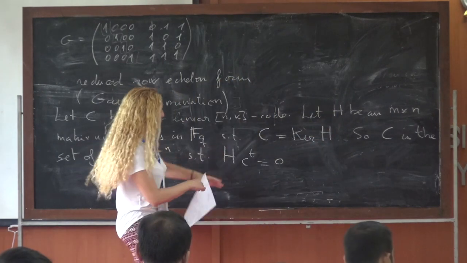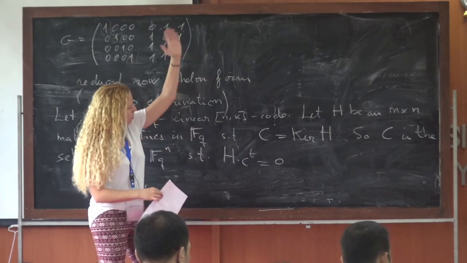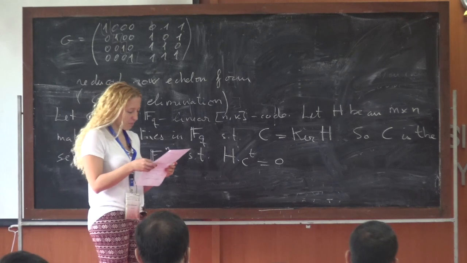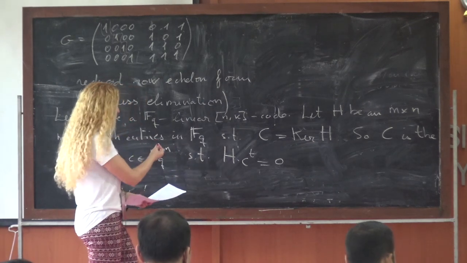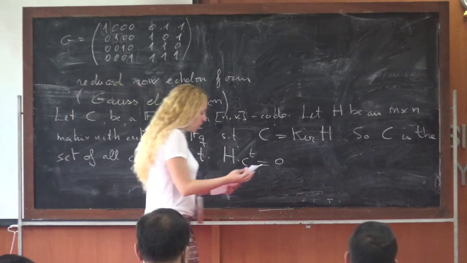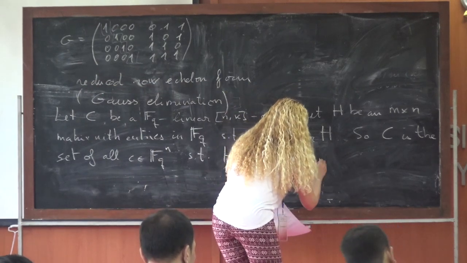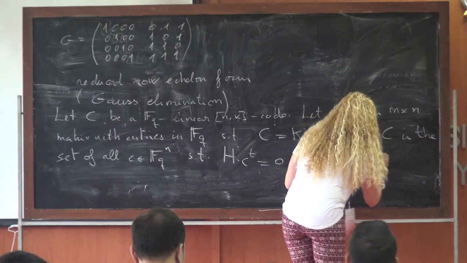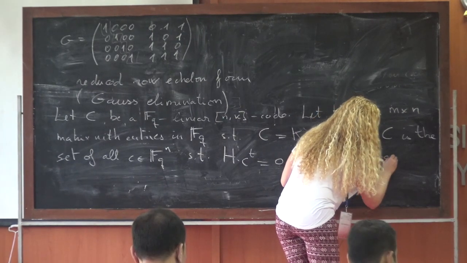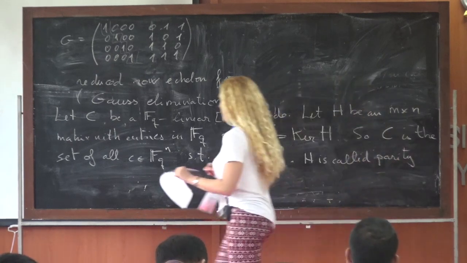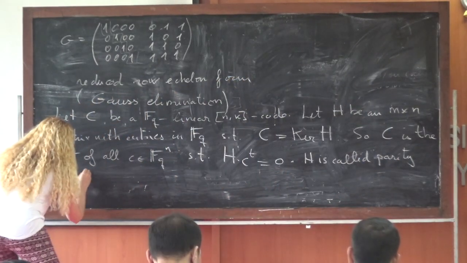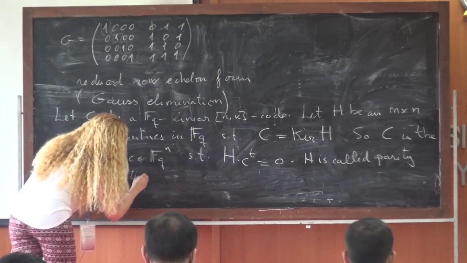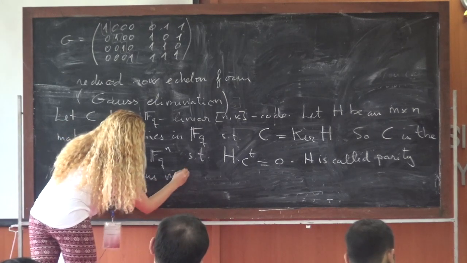If I want to do the product like this, I want a column vector, so I have to transpose it. Okay? So in this way, H is called the parity check equations matrix.